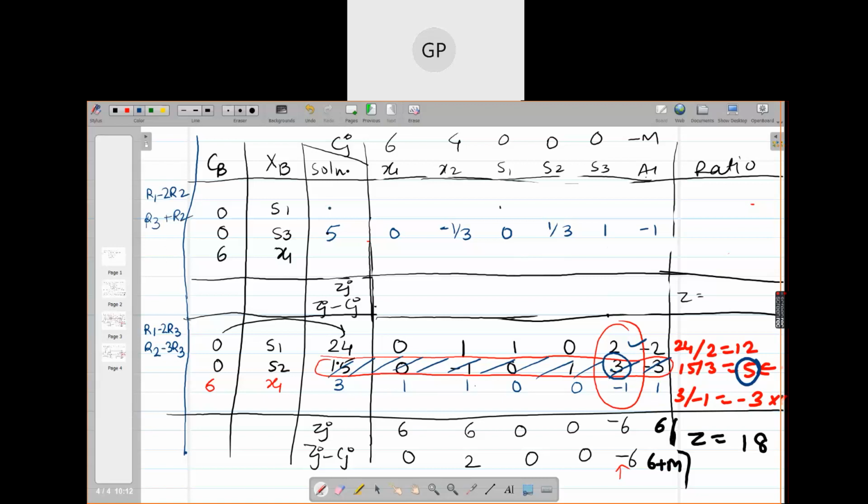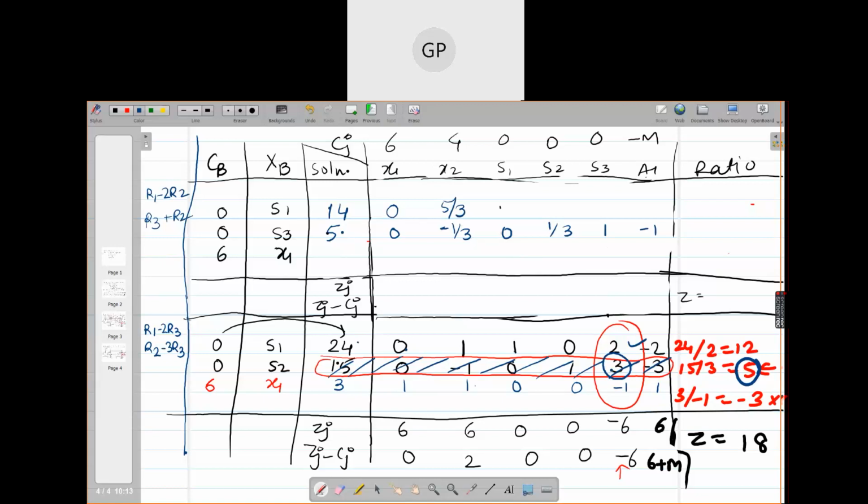So let us do this first. 24 minus 2 times 5, so that is 14. Okay, then 0 and 0. Then 1 minus 2 into minus 1 by 3, so 1 plus 2 by 3, it's 5 by 3.